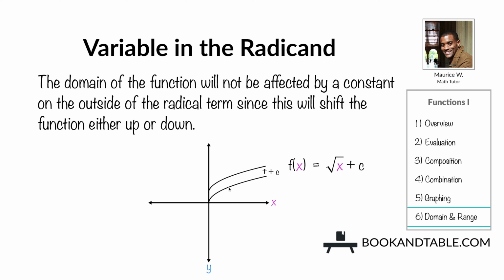So at this particular x value, it would shift up c amount. So the entire graph shifts directly up, but it does not shift left or right. That would affect the domain if it goes left or right. But it goes up if you're adding a constant on the outside, and it goes down if you are subtracting a constant on the outside. So this again would not affect the domain.